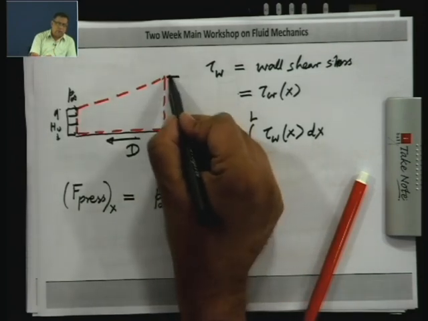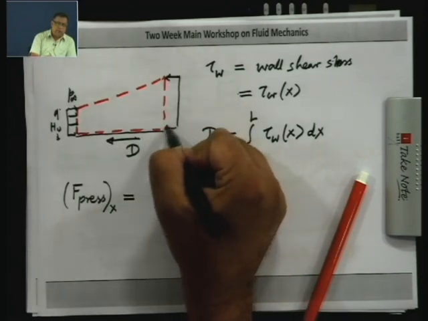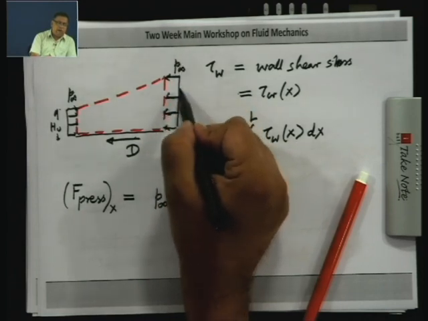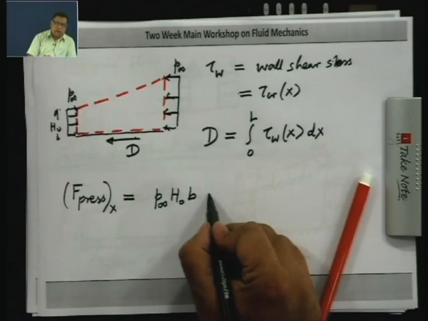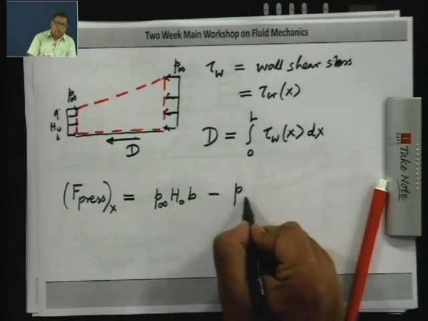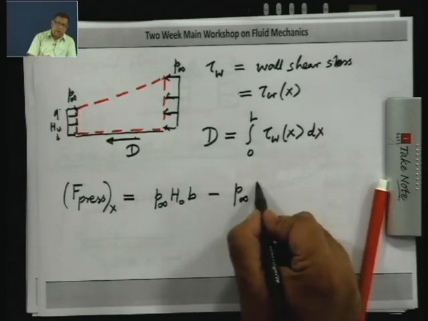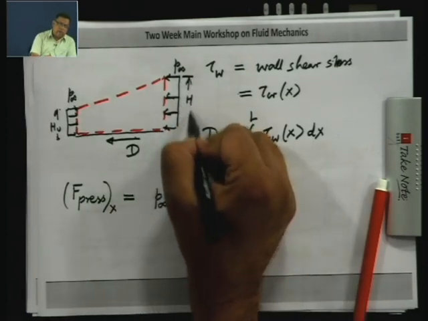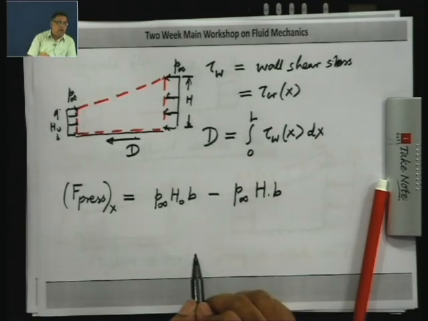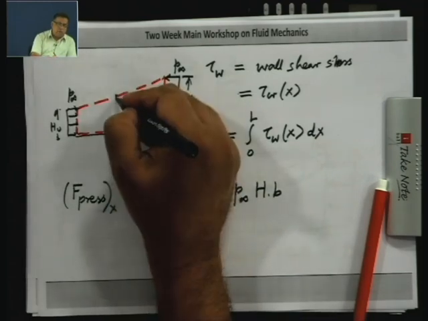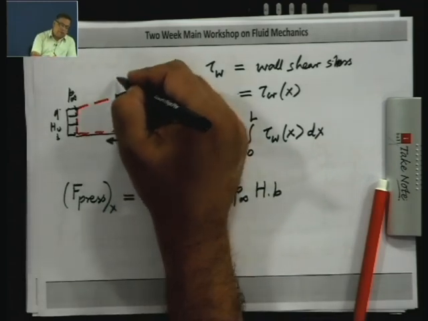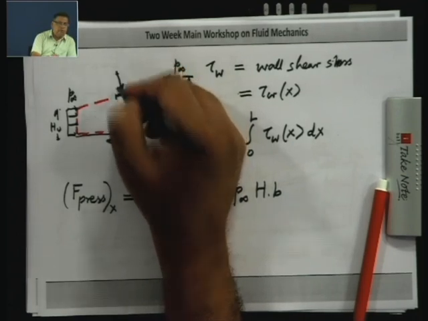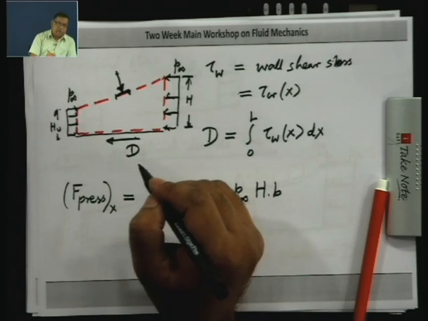Now, on face 3 also, if I say this is P infinity, now note that it is acting in the opposite direction. So, you are going to have a contribution minus P infinity into h into B, where h is this height. Now, to find the force here, you have to look at the component of force due to pressure in the x direction.